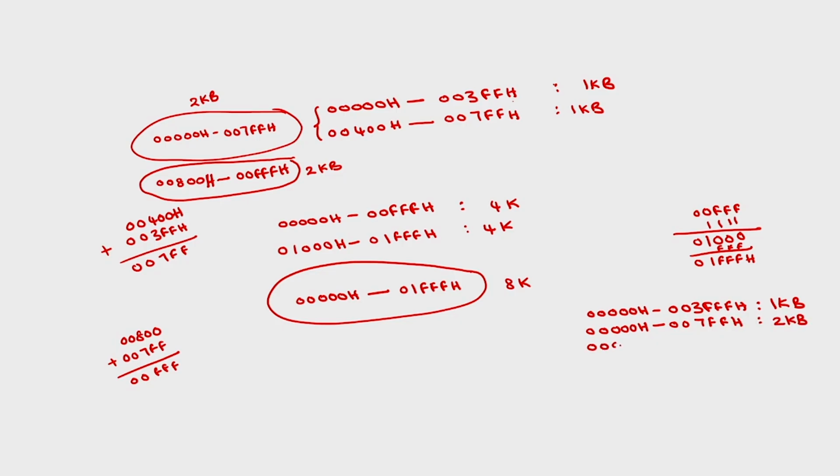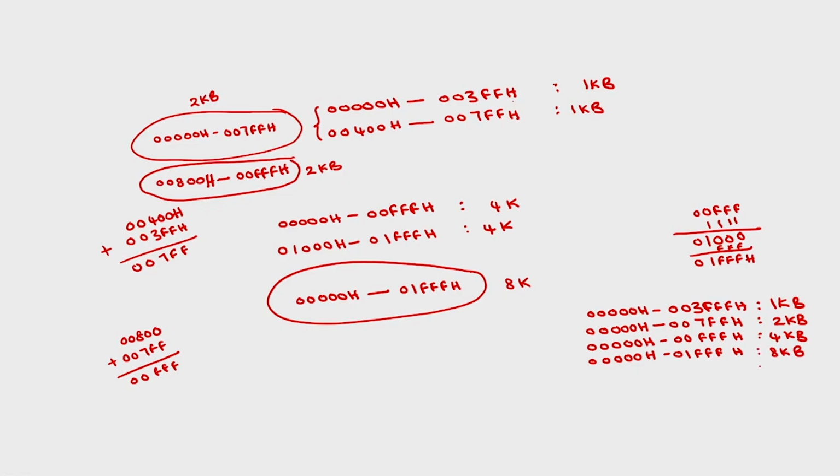and if I start with the same 00000H and end with 00FFFH, this will be 4K, and starting with 00000H, ending with 01FFFH will be 8K.